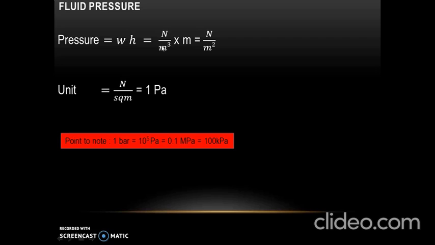Meter and meter will get cancelled out, so we get unit of pressure as Newton per square meter, and it is also equal to 1 Pascal, as 1 Newton per square meter is equal to 1 Pascal. 1 bar is equal to 10 raised to 5 Pascal, which is equal to 0.1 megapascal, and it is also equal to 100 kilopascal.